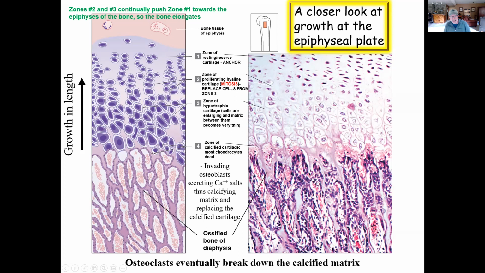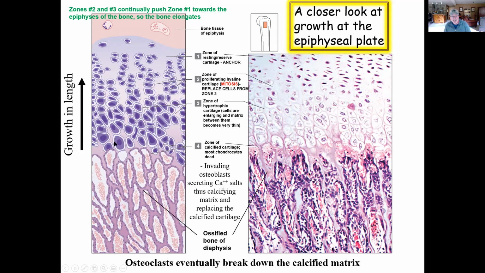And then below that, in zone number 4, look what's happening. The cartilage is calcifying. And when we start to calcify the matrix, what happens to the chondrocytes? We said this earlier. When the chondrocytes are surrounded by matrix, they no longer have a means to get nutrients or get rid of waste products.